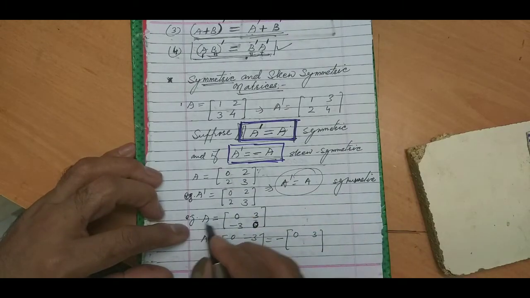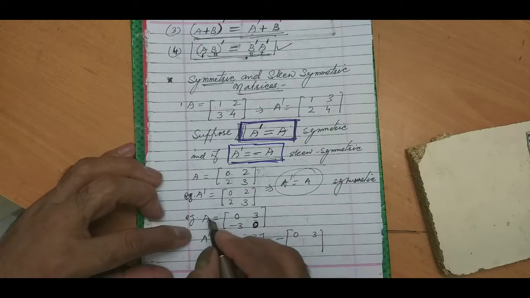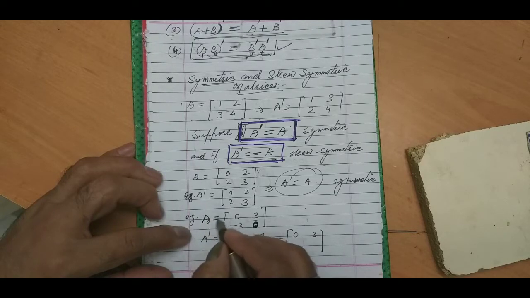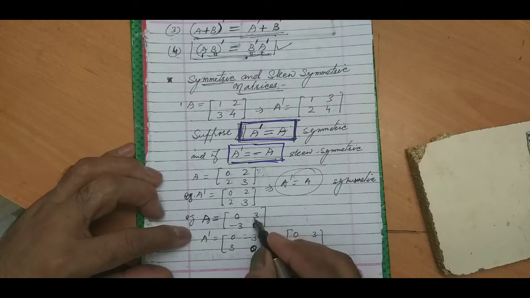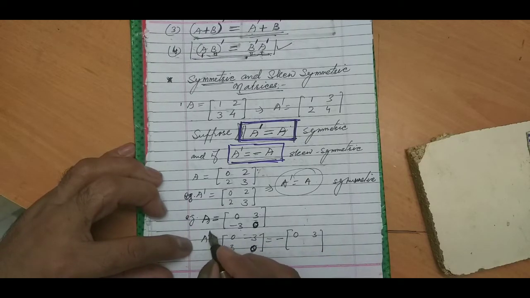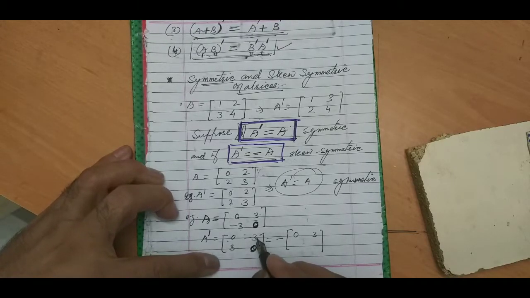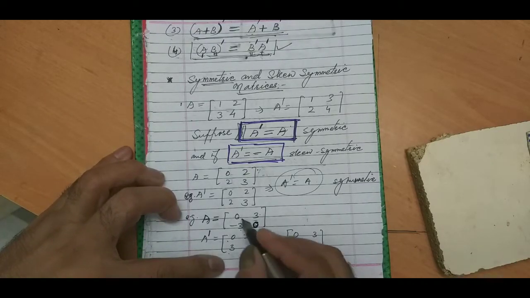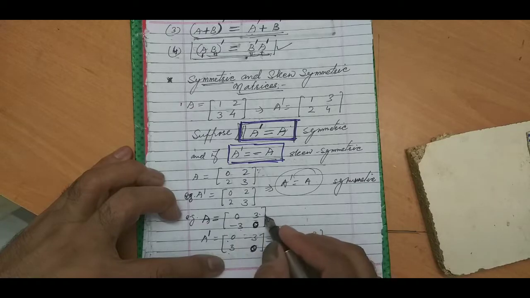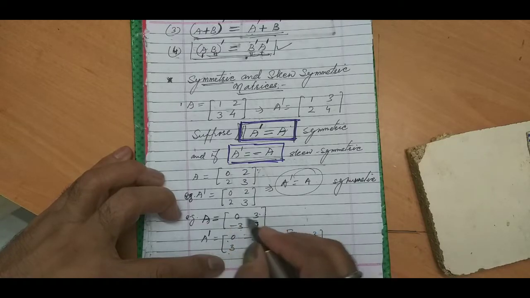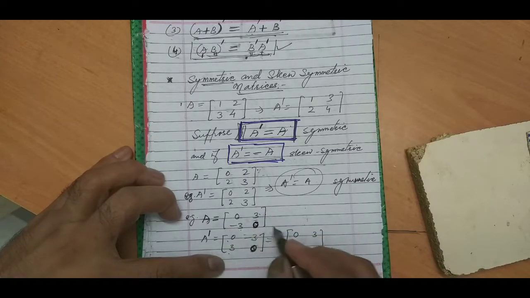Take another example of skew symmetric. Let us have A, 0, 3, minus 3, 0, and A dash, that is transpose of this matrix, is equal to 0, minus 3, and 3, 0. This transpose of this row becomes, sorry, yes, row becomes column, and then this second row becomes second column.